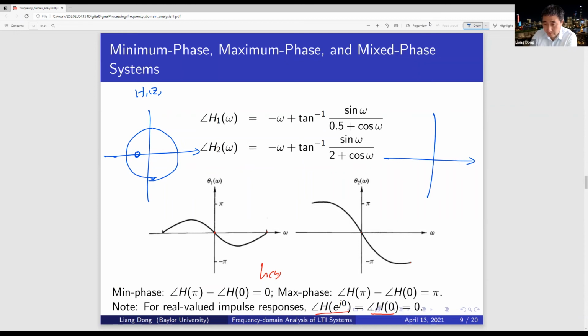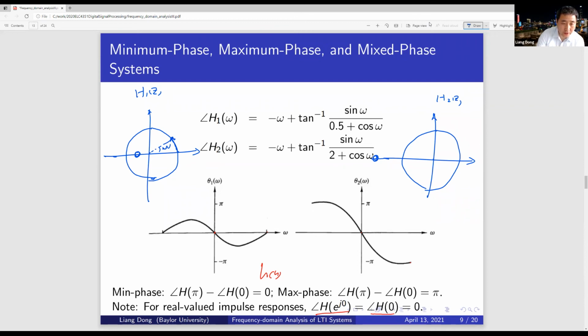For H2(z), I have a zero here at negative 2. This is the Z plane. Now, if I have a signal that travels along this unit circle, that will give me a frequency domain signal, which is H(omega). This is my omega value.